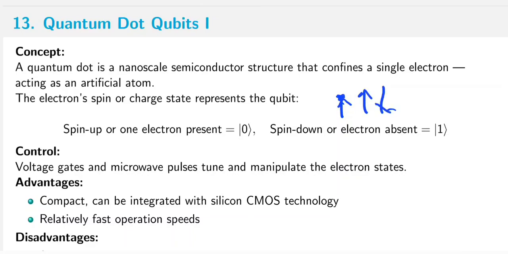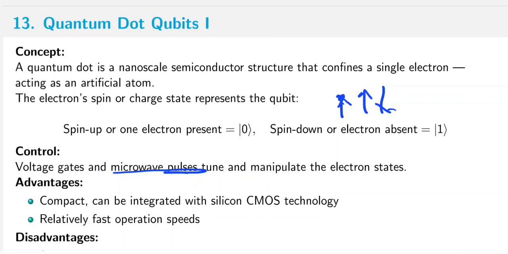It can be upward or it can be downward, which we call ket 0 and ket 1. So if it is upward, we call it ket 0. If it is downward, ket 1. We can change this state using voltage, microwaves, and pulses.